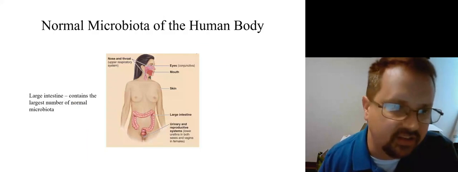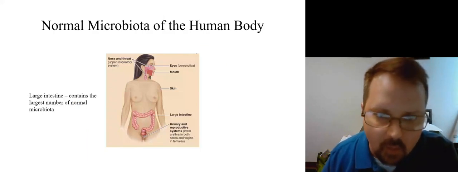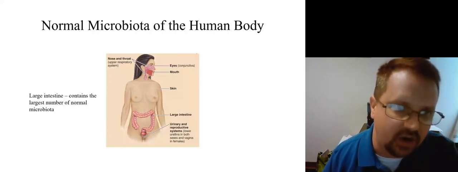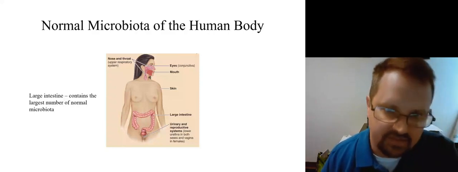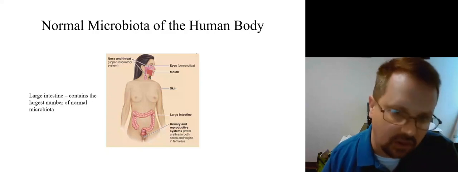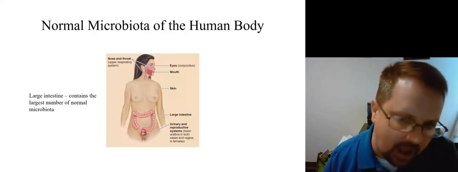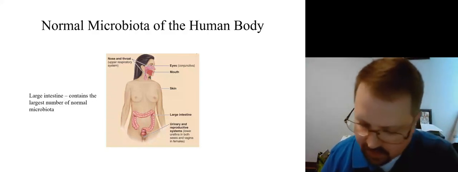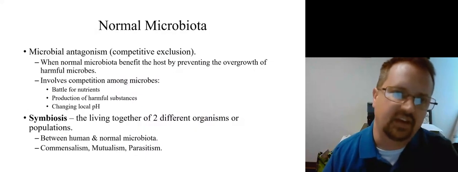Your large intestine, for example, has the largest number of normal microbiota that we have, though you find it in your upper respiratory system. You find it in your eyes and mouth, your skin. Large intestine is by far the largest. It's in our reproductive tracts, our urethra, vagina in females, urethra in males and females, things like that.